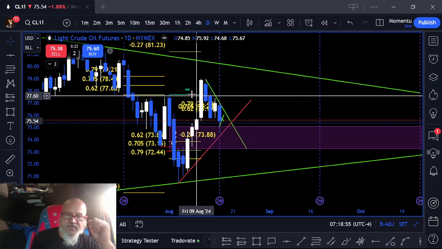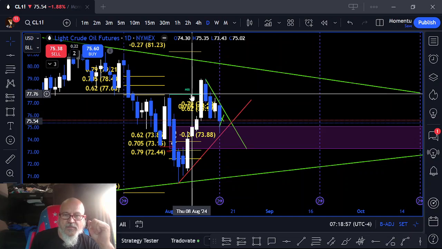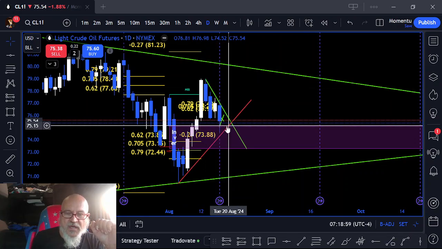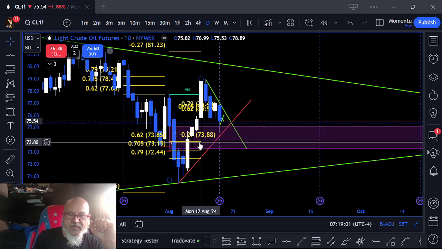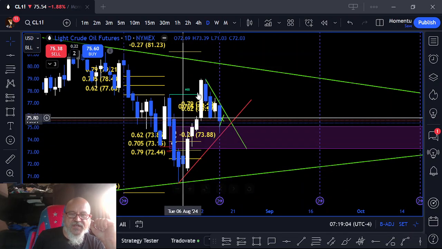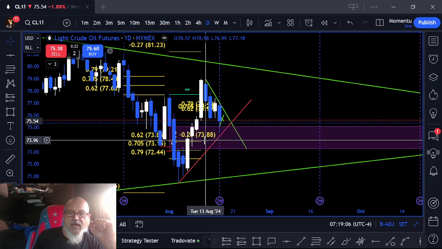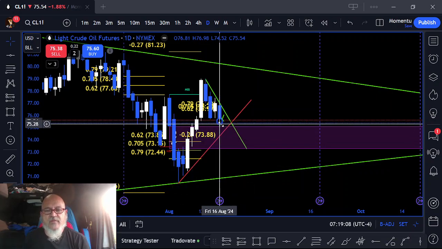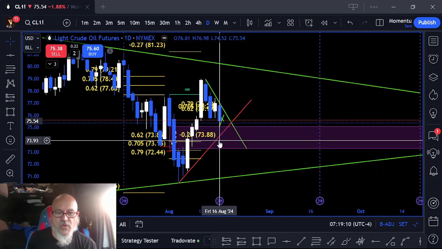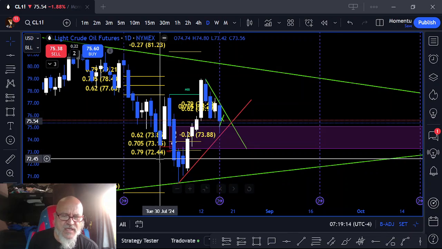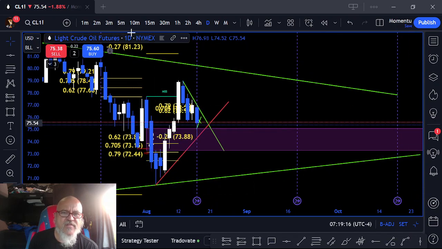We'll just have to see if this structure shift holds. We have not come down to the 6-2 of the daily displacement yet, and that's what I'm looking at. That's the reason I'm looking for a short to come back into this area. You'll see the 6-2 is at 73.85.